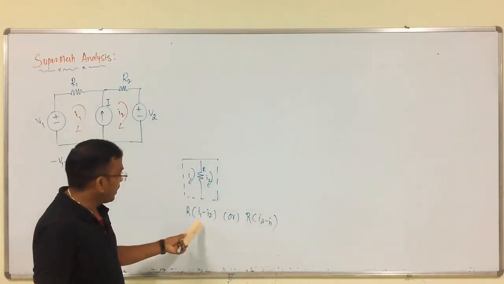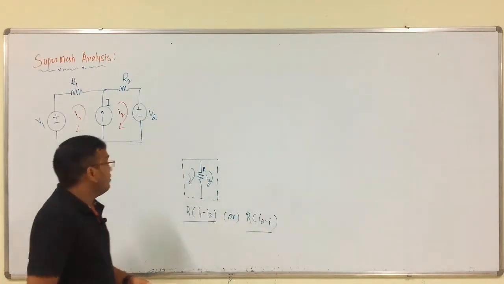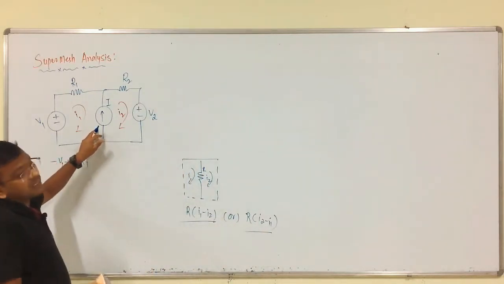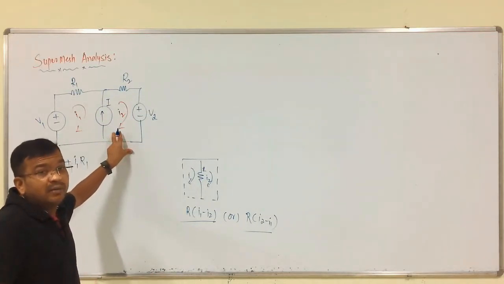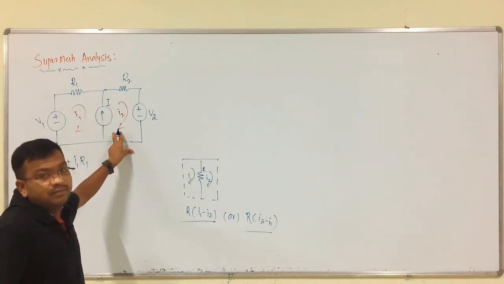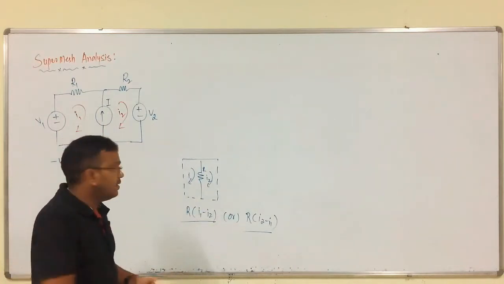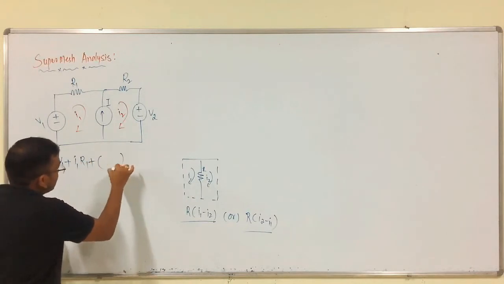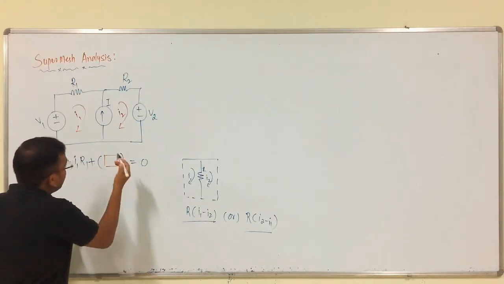With respect to loop 1 this is, with respect to loop 2 this is, but here we have a current source which is present between loop 1 and loop 2. Then how can we proceed with the problem? To calculate I1 and I2, how can we proceed? After this, what do we have to write?